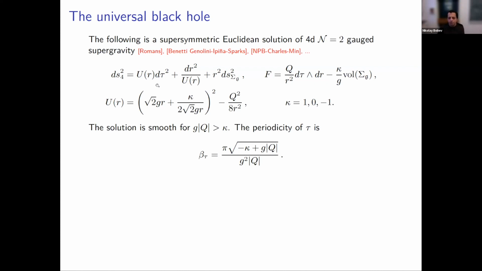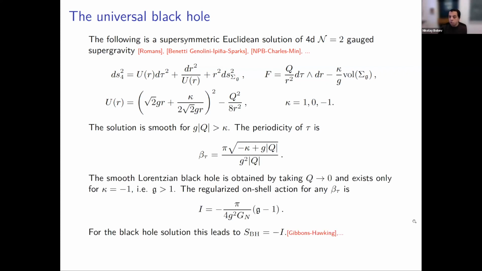The circle shrinks smoothly to zero size as long as q is bigger than kappa, and then the periodicity of tau is completely fixed. So the picture is that I have a cigar, and the Riemann surface goes along for the ride and has a finite size. At infinity, I have asymptotically AdS4, and then it smoothly caps off in the middle somewhere.